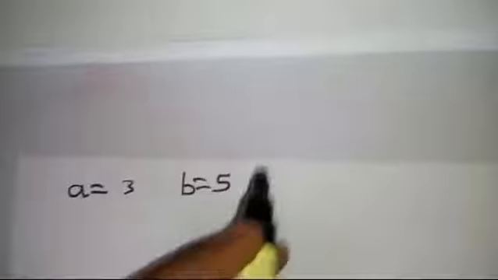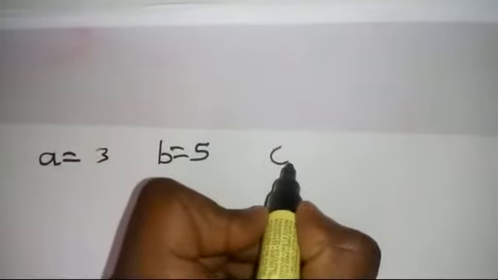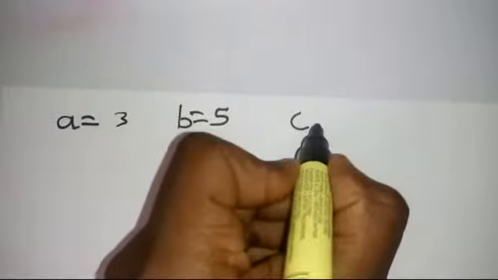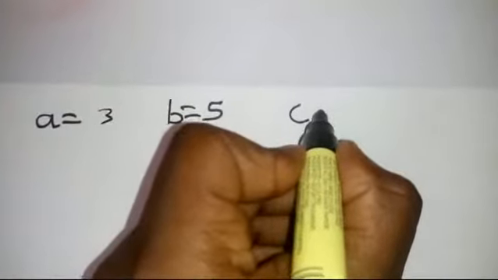Let me write it down. As I said, our A is 3, our B is 5, and our C is -4.